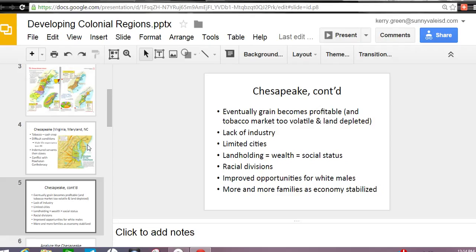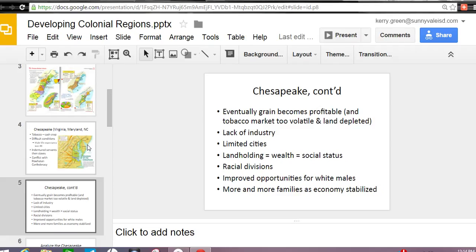Many of the slaves, because the Chesapeake region turns to grain farming as opposed to tobacco production, begin to be what we would call skilled labor. They're trained in craftsman type things. How do you make barrels? How do you repair farm equipment? That kind of thing.